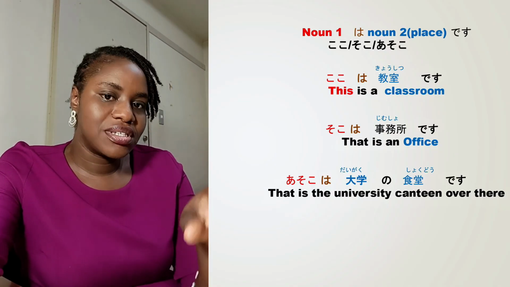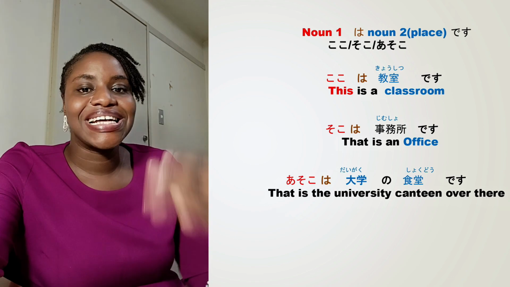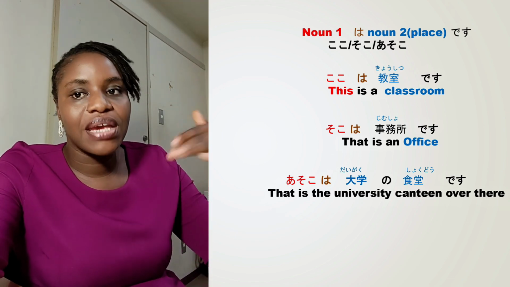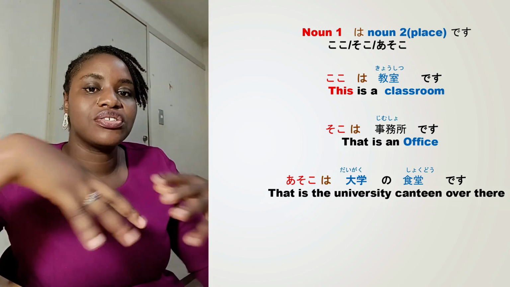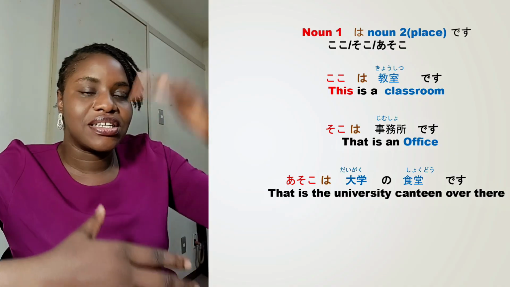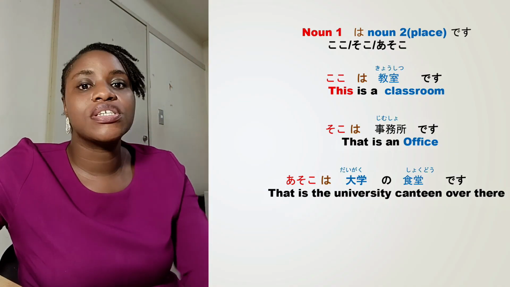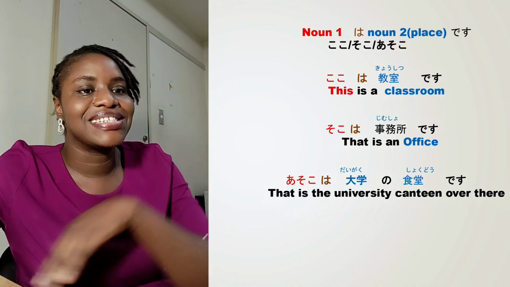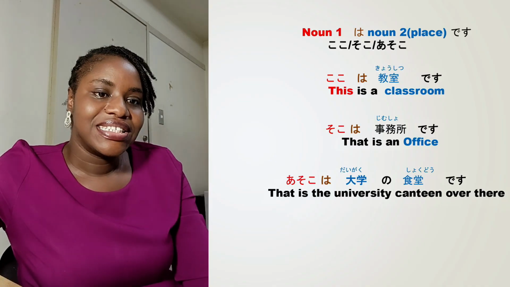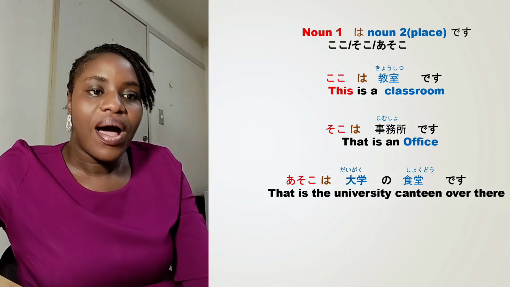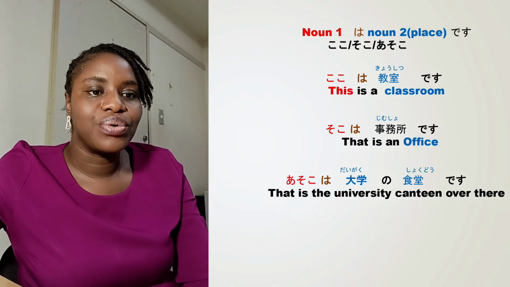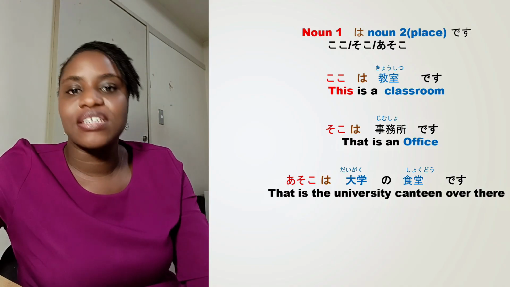I just decided to form it into a sentence because that's Japanese. The more we move, we're going to be making more complex sentences by just adding everything we've learned and moving forward. So it's a build up. You can't skip one lesson and then go to the next lesson. Ja, asoko wa daigaku no shokudo desu. That is the university canteen over there.